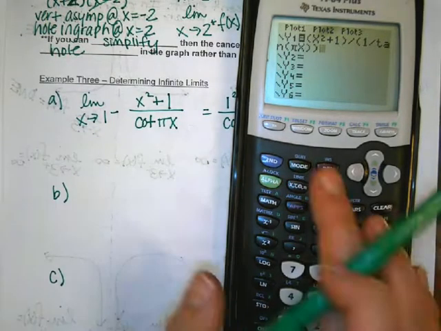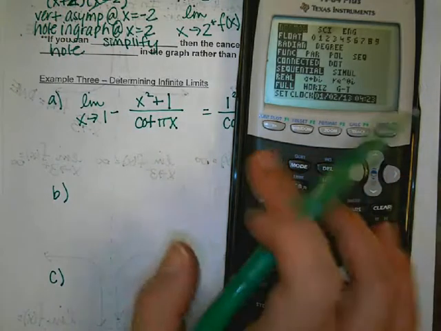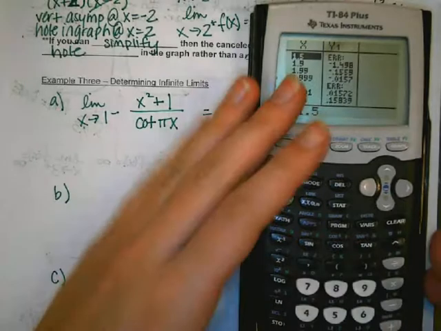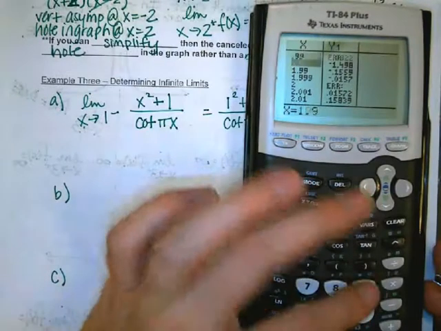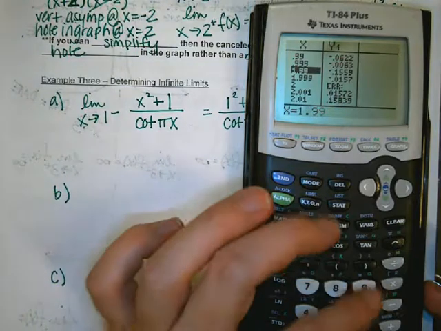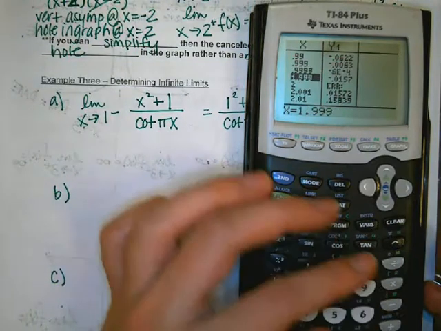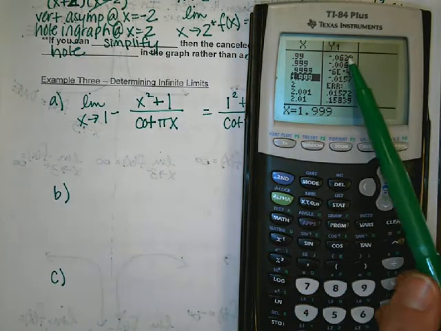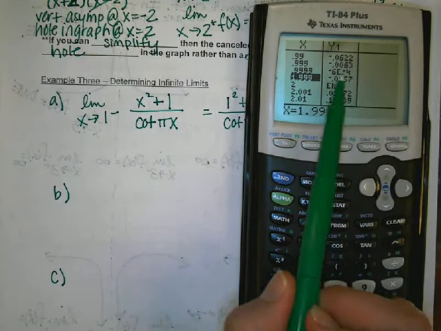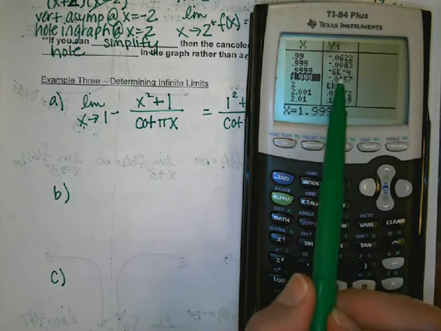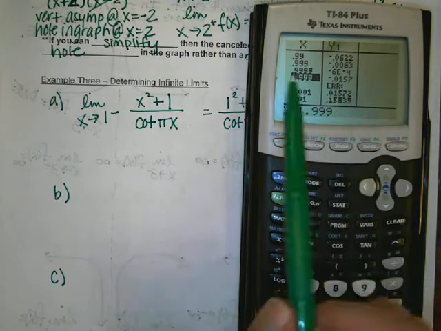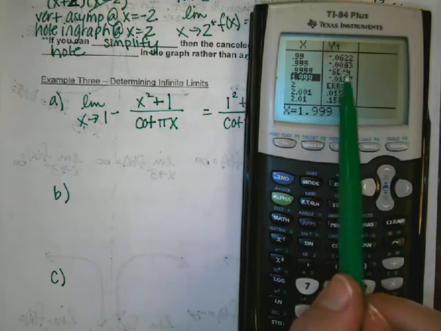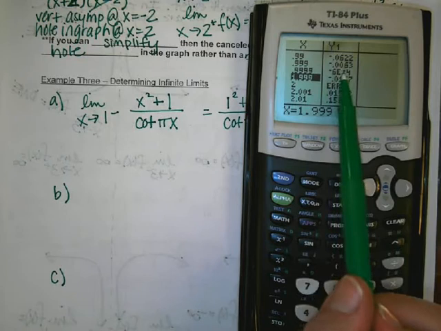Make sure my mode is in radians, and then if you go to table, I'm going to get really, really close to 1 there, so maybe I do 0.99, 0.999, 0.9999. You can see that your y values are decreasing very, very quickly. That -6e to the -4 means 4 zeros, like 0.00006. So you can see that your y values are getting smaller and smaller in the negative direction.